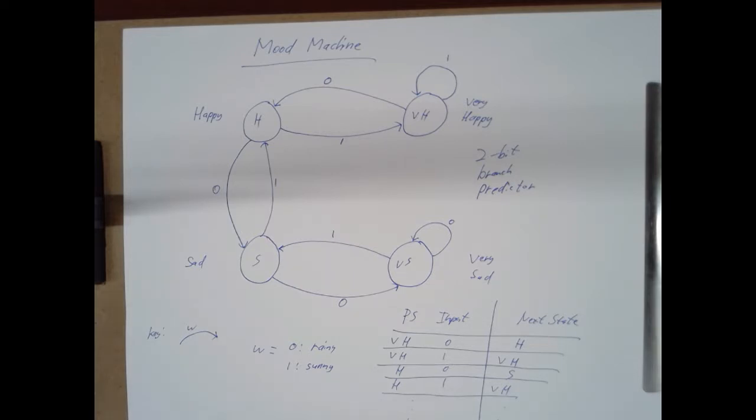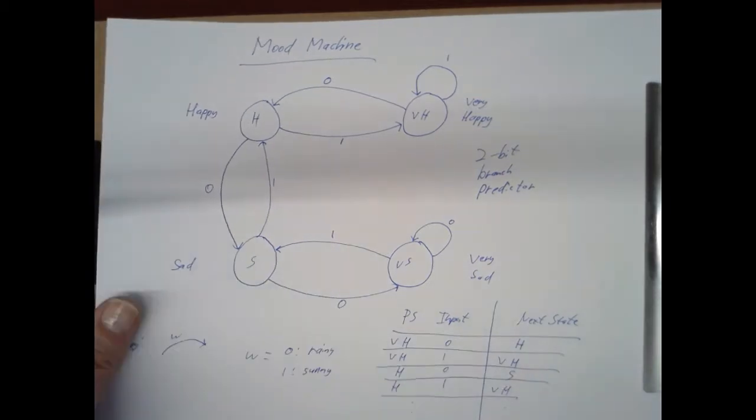So branch prediction is really, really important on these deep pipeline systems to keep your throughput high. That's how you keep your effective rate very high. All right, so that's one application of the mood machine, right? 2-bit branch prediction, and that's a real thing.